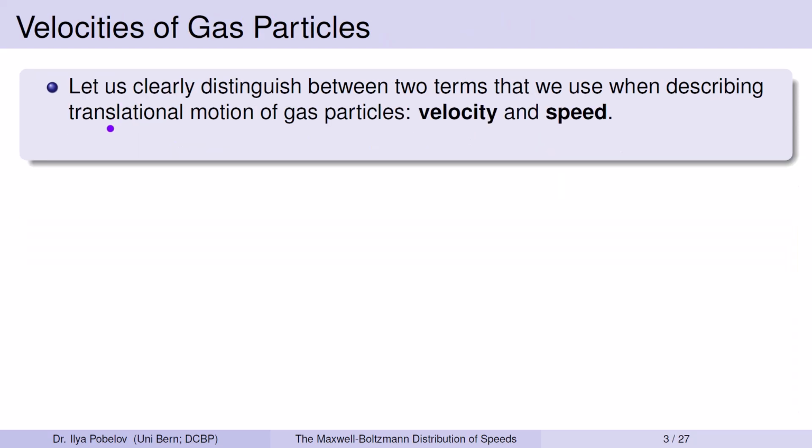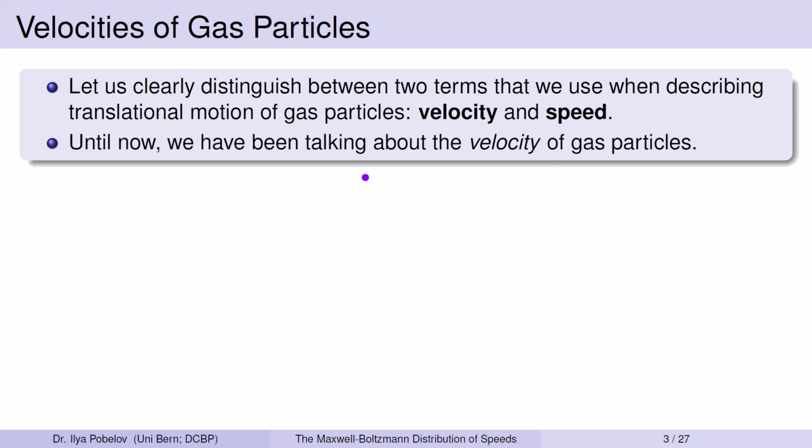To start, let us clearly distinguish between two terms that we use when describing translational motion of gas particles: velocity and speed. Until now, we have been talking about the velocity of gas particles.